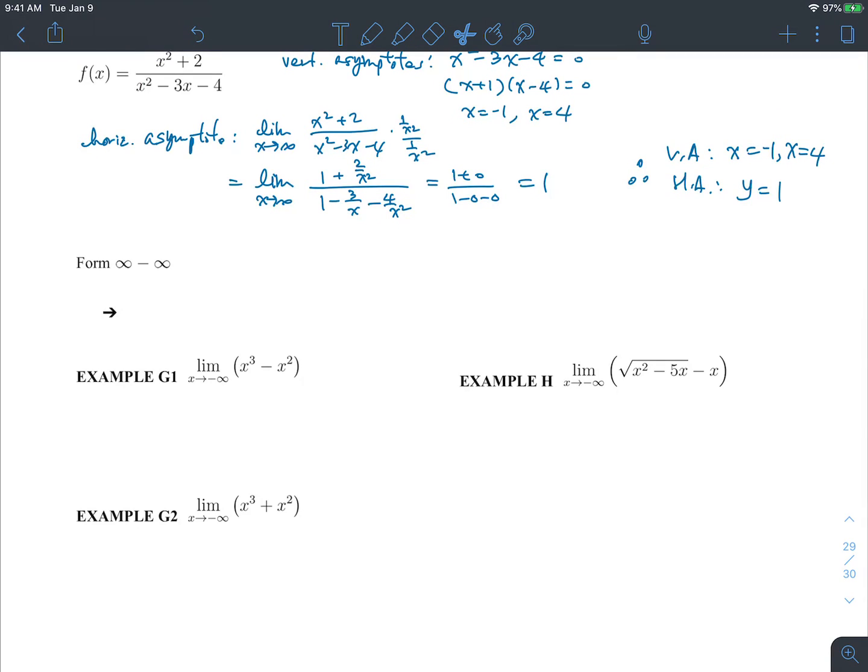What do I do? So remember, we can't have infinity minus infinity because infinity is not a number. This says numbers getting really big. You could think of this as infinity plus a negative infinity.